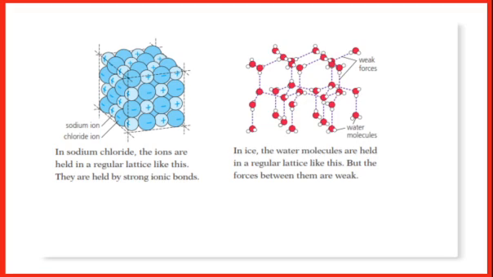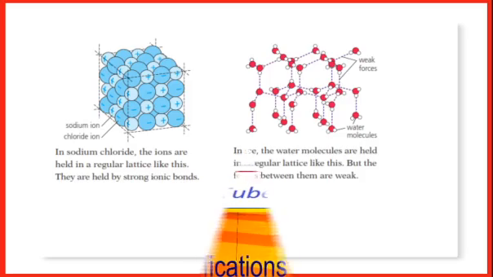Then look, on the other hand, at the lattice of ice. You can see the space between the molecules, so they are still arranged in a regular lattice, but the force of attraction between the molecules is weak.